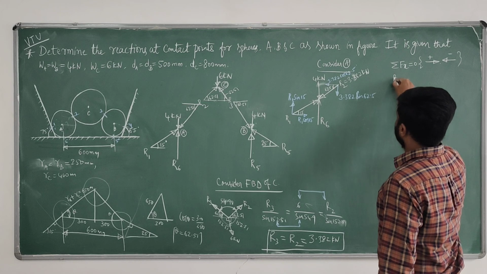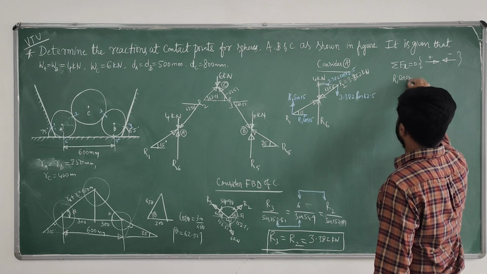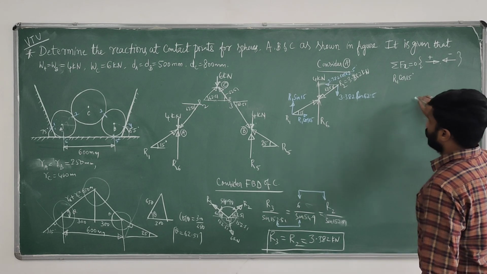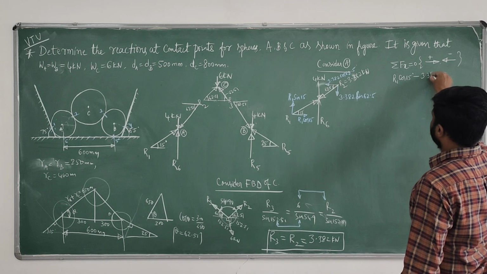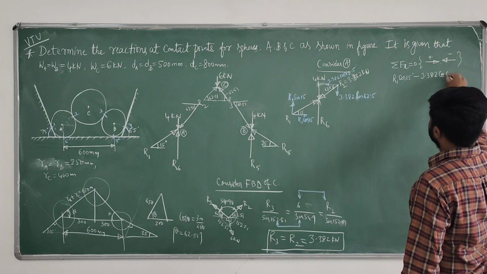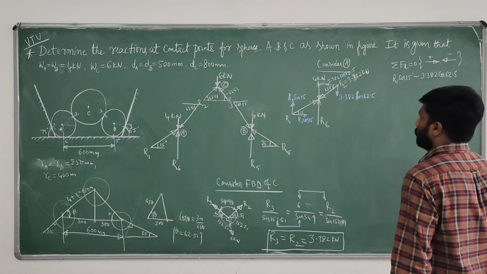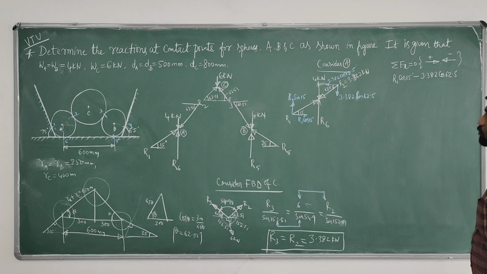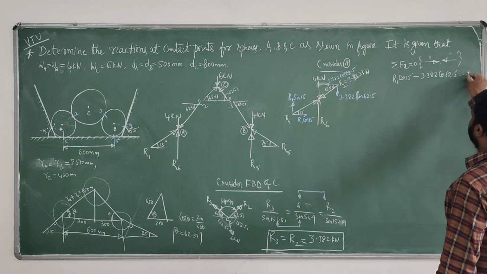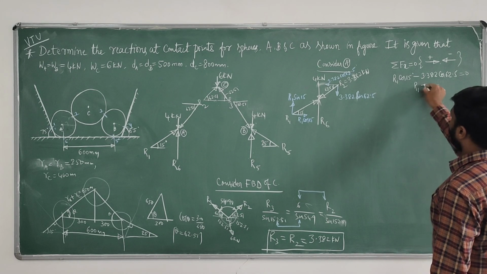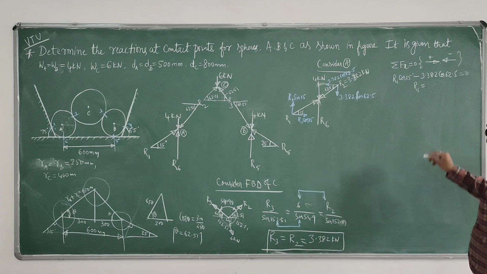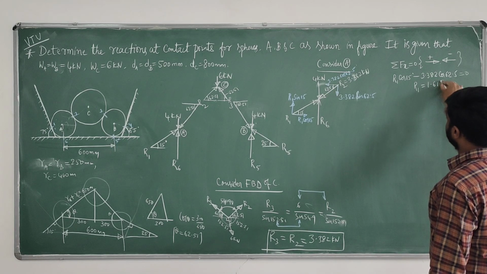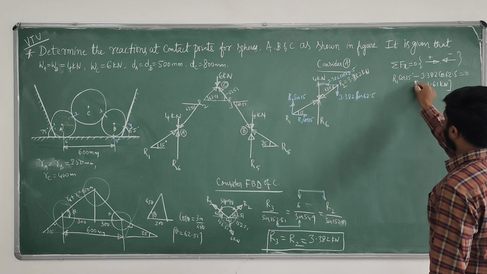Therefore, R1 cos 15 minus 3.382 cos 62.5 equals 0. Determine the R1 value. R1 equals 3.382 cos 62.5 divided by cos 15, which is 1.61 kilonewton. This is R1.